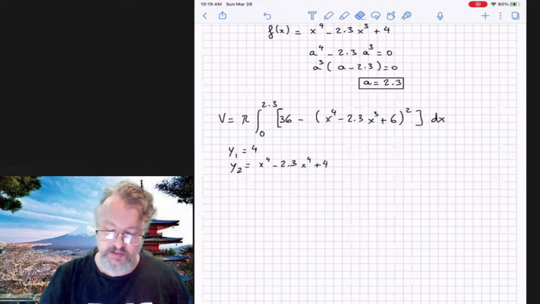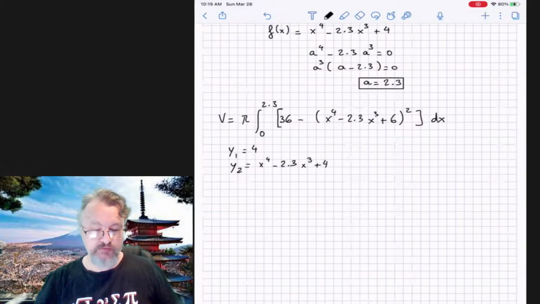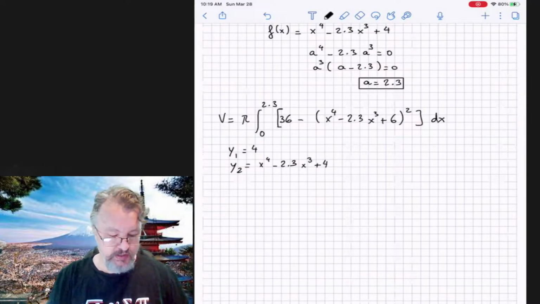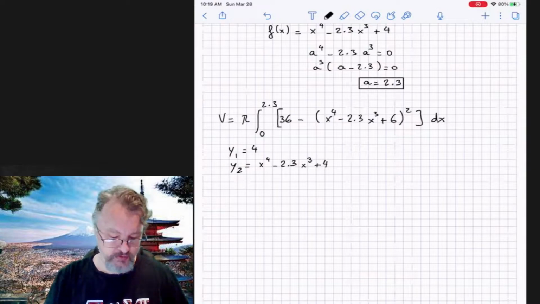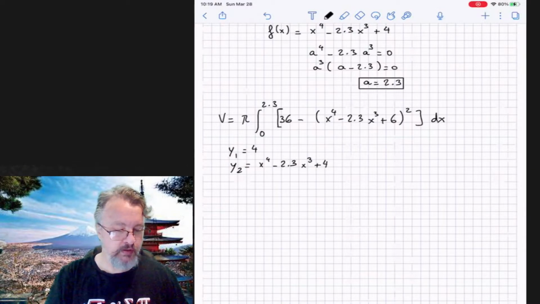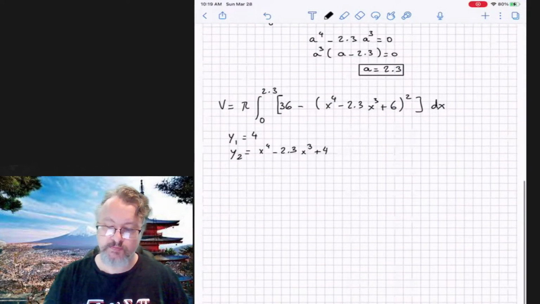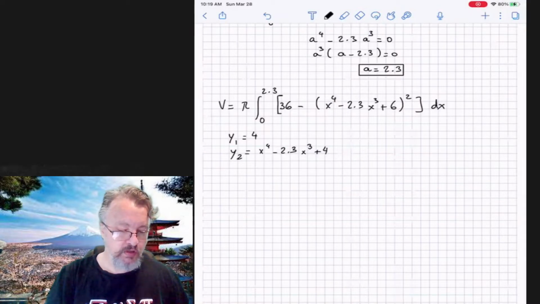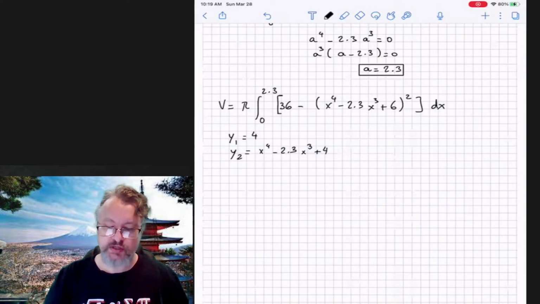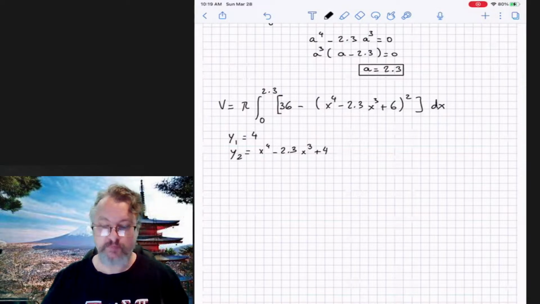So x exponent 4 minus 2.3 x cubed plus 4. Okay, done.